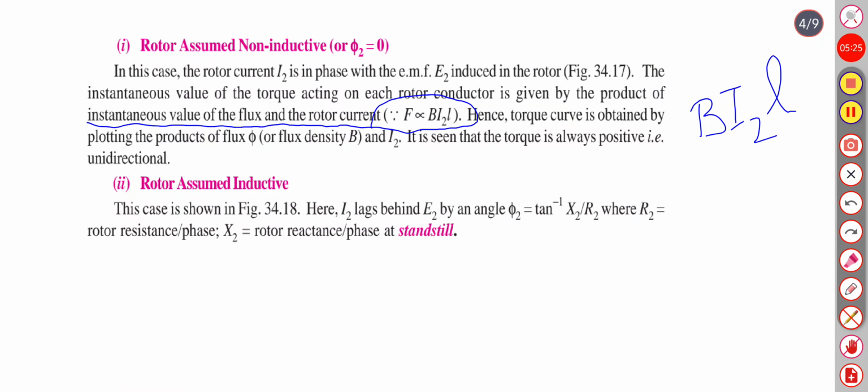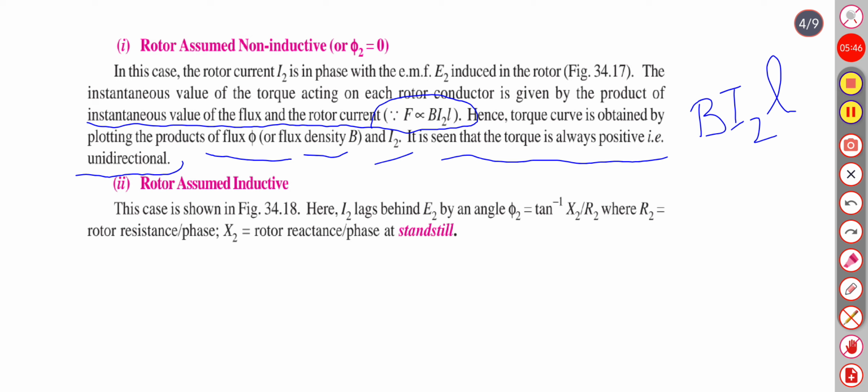Hence, the torque curve is obtained by plotting the products of flux density and I2. It is seen that the torque is always positive, that is, unidirectional.